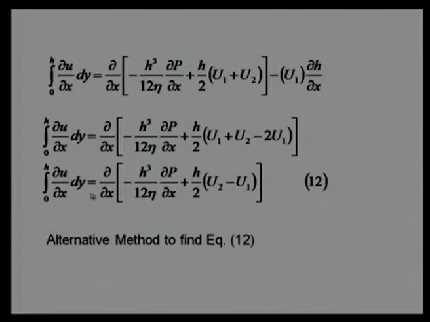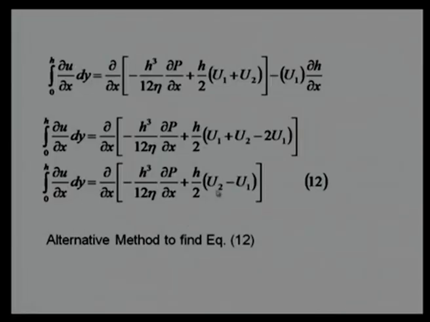Still we need to differentiate it, but the pressure gradient term remains the same, and the velocity term is changed due to this addition or subtraction. There is a relative velocity, and that is a negative relative velocity, in this case u2 minus u1. We know u1 is greater than u2, so it will be a negative term, or both will turn out to be negative, and the negative can be taken out.